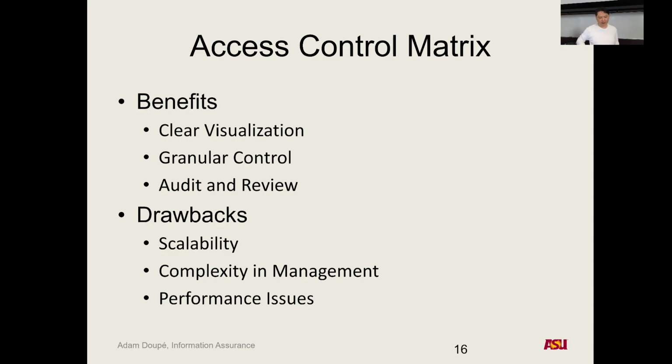What is the drawback? Scalability. Let's think about a list of 1 billion members or subscribers. That's very huge. We cannot handle it, and performance issues arise, right? Also complexity in management.